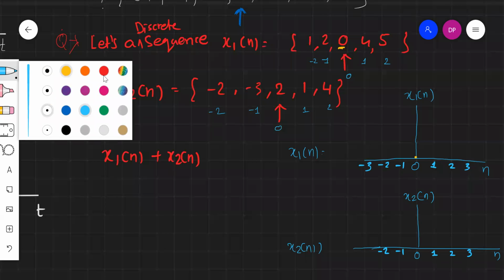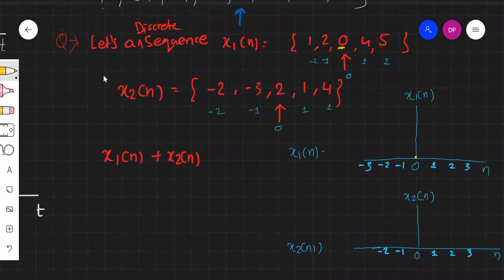Based on the values given for the x1 of n sequence, at the 0th index the value is 0, at the first index the value is 4, and at the second index the value is 5. At the -1 index the value is 2, and at the -2 index the value is 1.